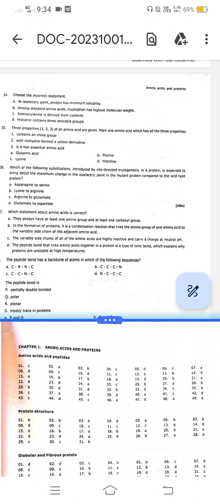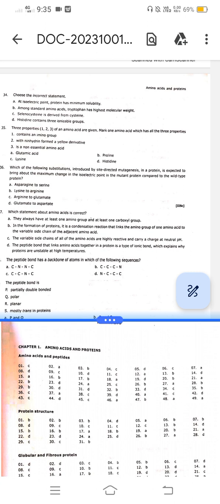Then 3 properties of an amino acid are given. Mark one amino acid which has all the three properties. Contains an amino group with ninhydrin formed a yellow derivative. Is a non-essential amino acid. Most probably proline, because no, not proline.